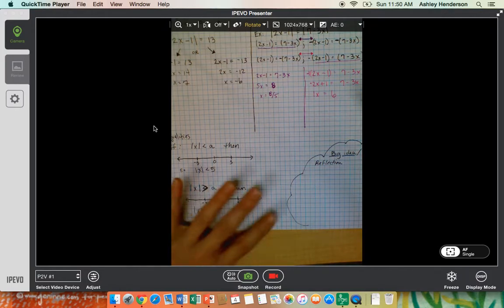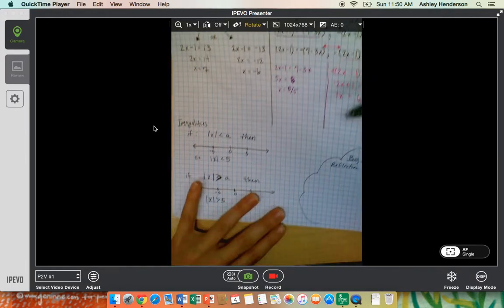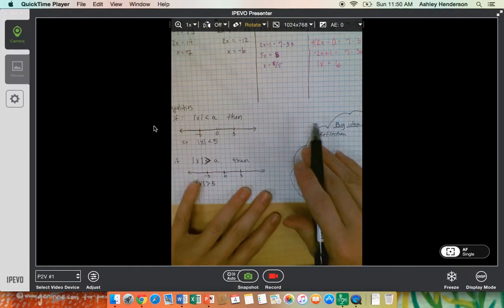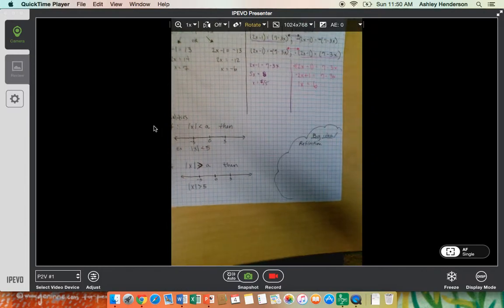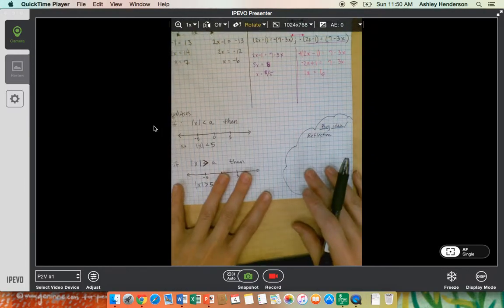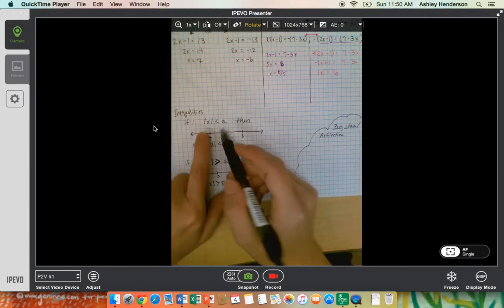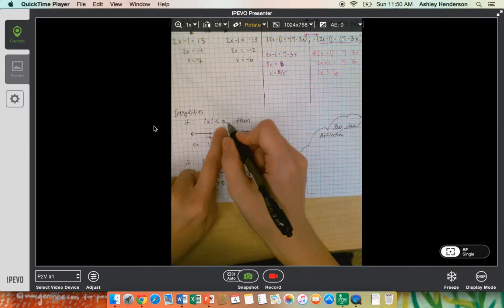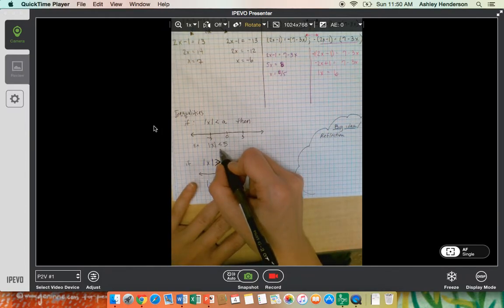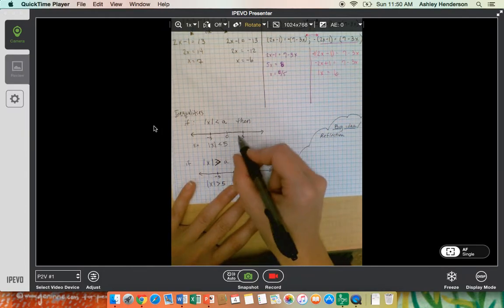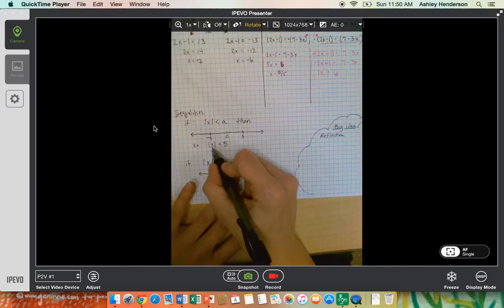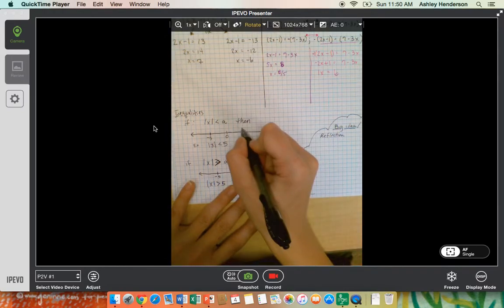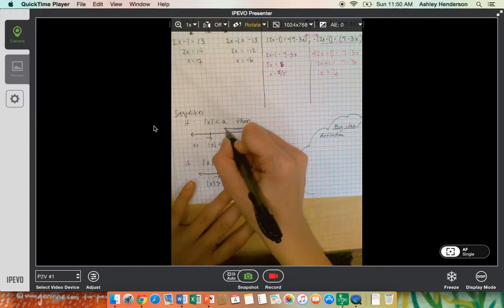Inequalities. These are the ones that are terrible because there's a whole lot of different ideas that we have to wrap our brain around when we're doing inequalities. So let's look at kind of a simple one. If the absolute value of x is less than some number, so let's look at an example and then go back and write the rule instead of giving you the rule to apply. Let's say I'm saying that the absolute value of x is less than 5. So x must be, the number I put in had to be smaller than 5, right?